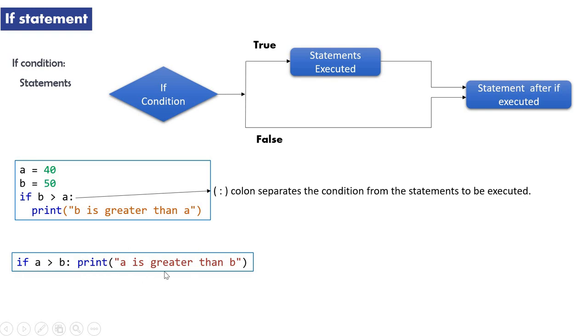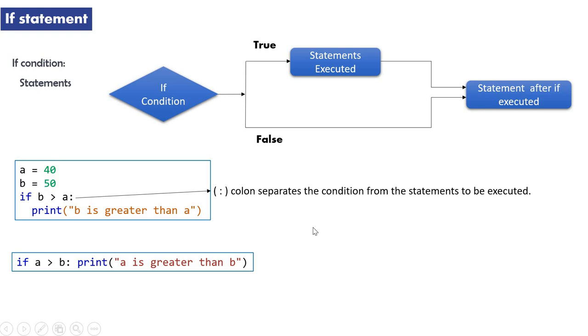Because I'm writing it in a single line, you can understand better here. So print a is greater than b. This is the statement, this is the condition, and they are separated by this colon. That's why the colon is important here. So this is how you can make the if statement executed, right?